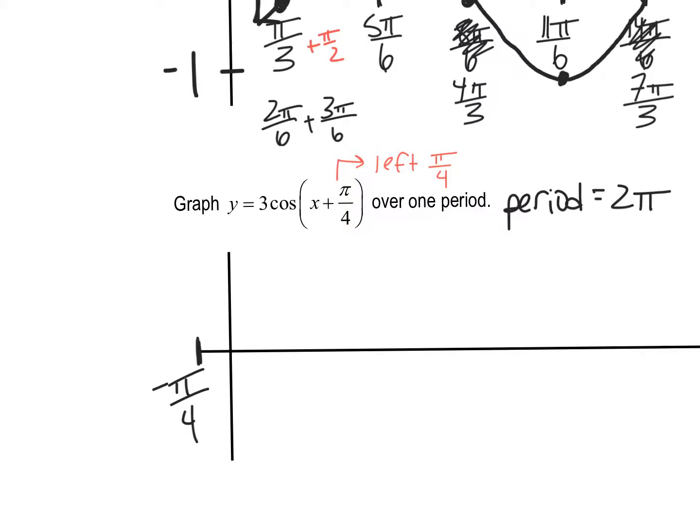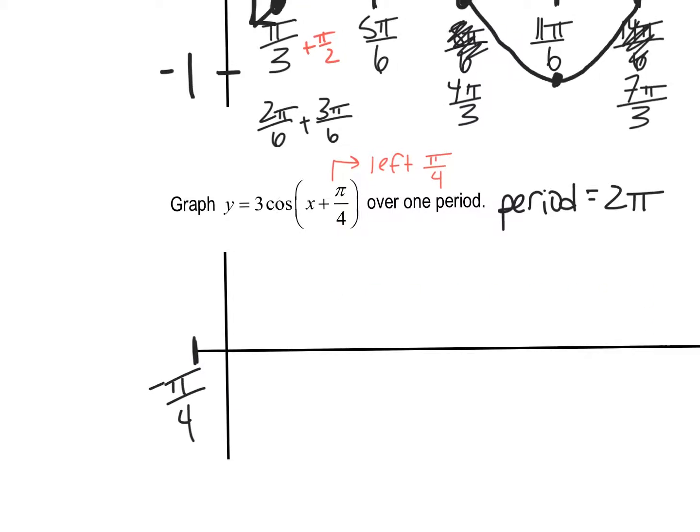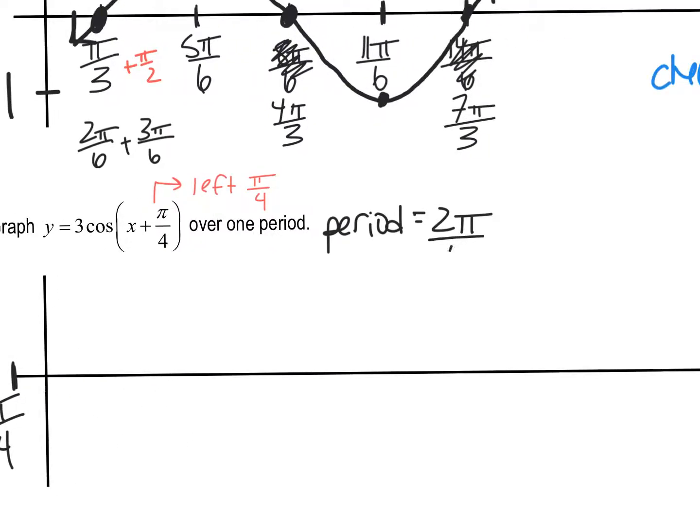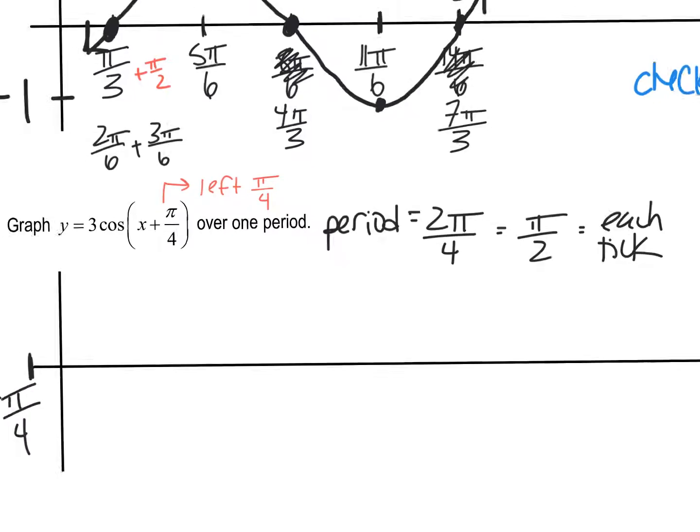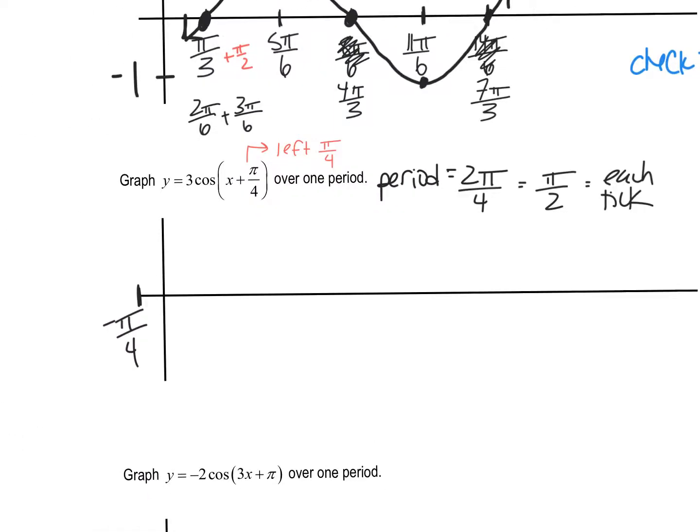And so in order to figure out what each tick mark is, I have 4 more tick marks, so I need to divide by 4, and that means that pi over 2 is each tick mark. So what I need to do is add pi over 2 to this. And I'm going to continue adding pi over 2 each time. 2, 3, 4, 5. Those are my 5 tick marks.